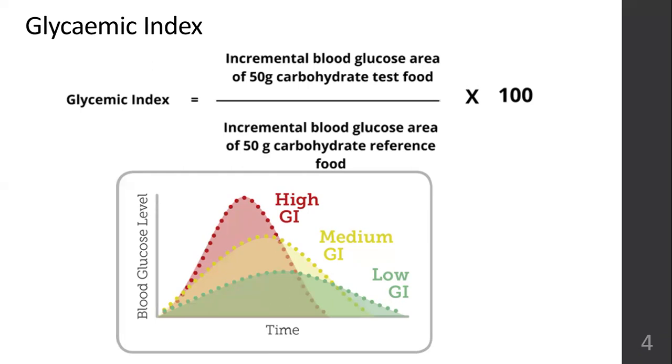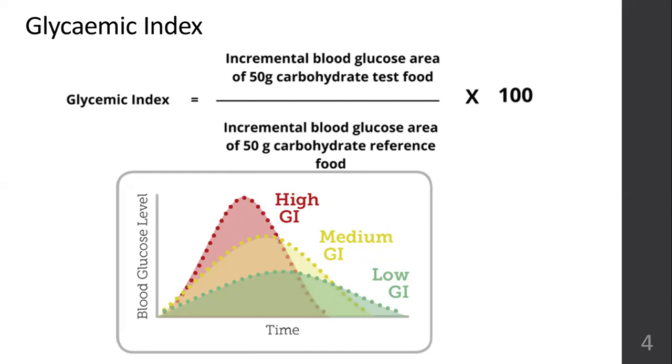The quicker it is causing the increase in your blood glucose level, you call it a high glycemic index food. You eat a little bit of it and within 15 minutes your blood glucose level has shot up. That is high glycemic index food.